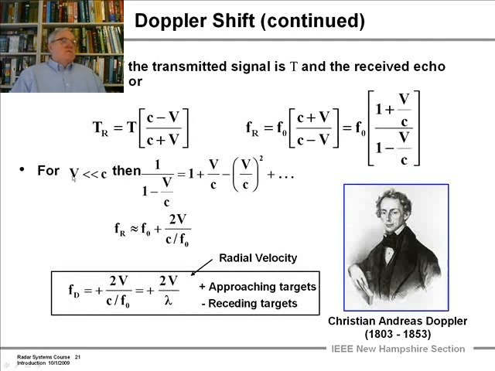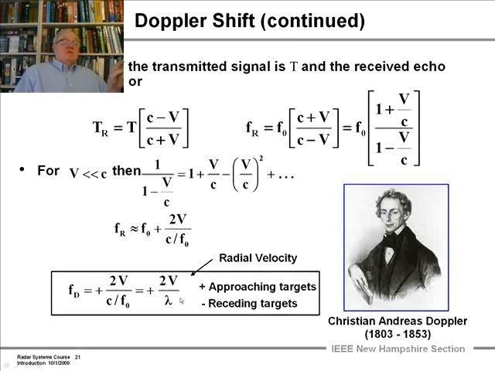So we can approximate V as being very much smaller than C. And then this bottom denominator can be approximated by this power series. When you do that, the frequency that you receive is the carrier frequency that you transmitted plus 2V over C times the carrier frequency, which through simple manipulation, since C over the carrier frequency is lambda, we get that the Doppler shift is plus 2V over lambda.